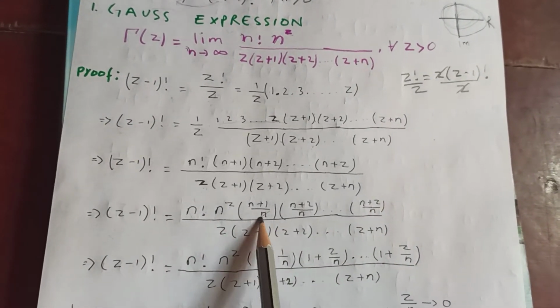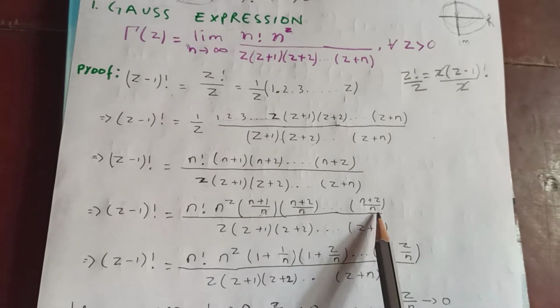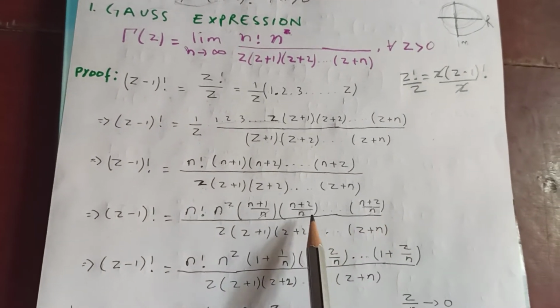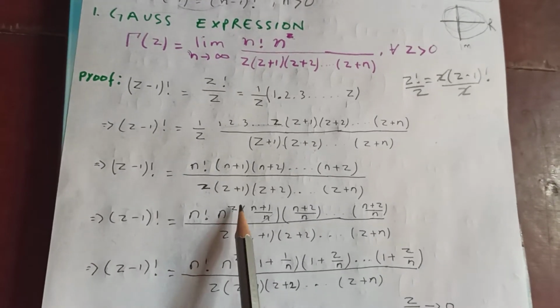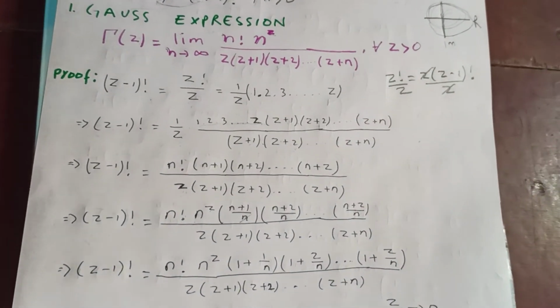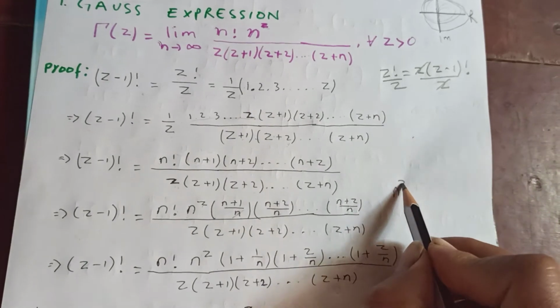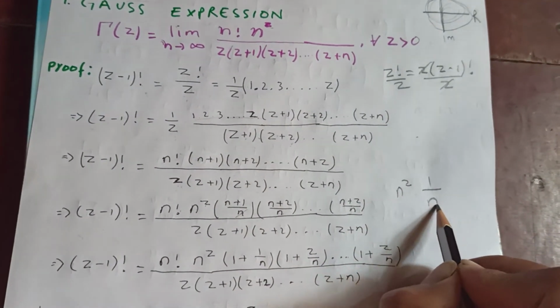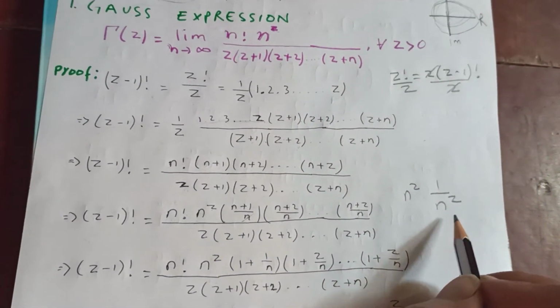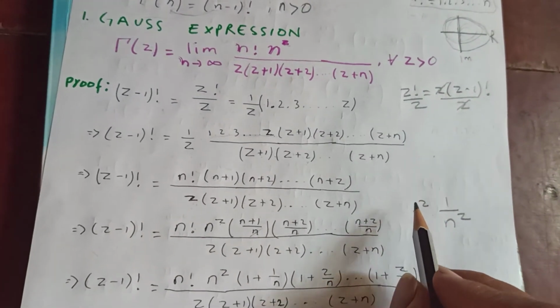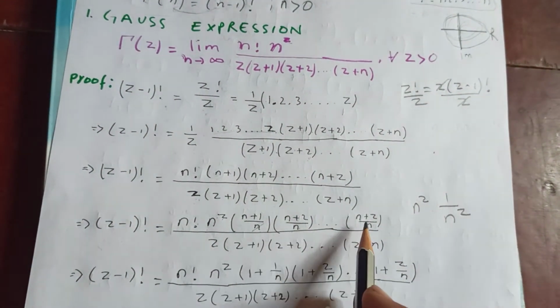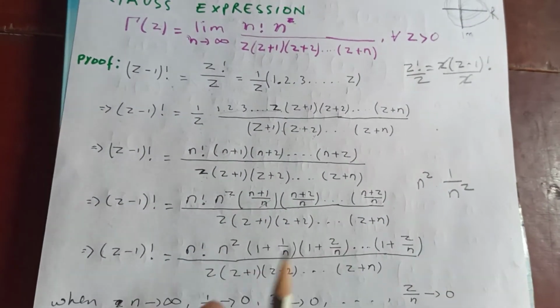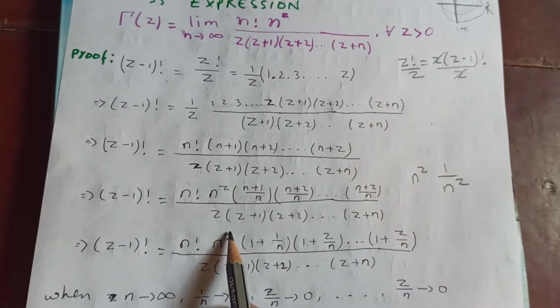This n to the z and this n to the z will be cancelled out, something like n to the z into 1 over n to the z, z times. Now z minus 1 factorial is n factorial n to the z.